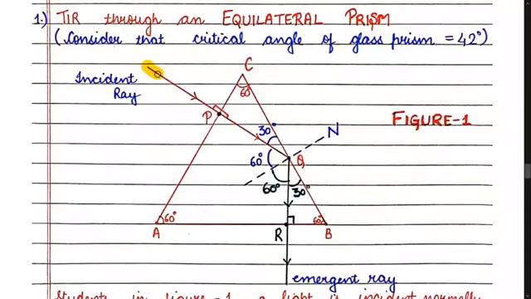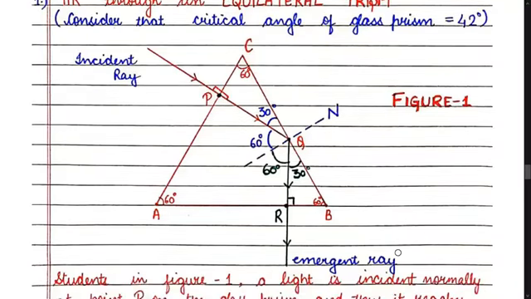So if the ray P is incident on an equilateral prism, then when the light enters from air to the glass, it will not change its path. Why? Because it is a case of normal incidence, such that the angles are as mentioned in figure number 1.